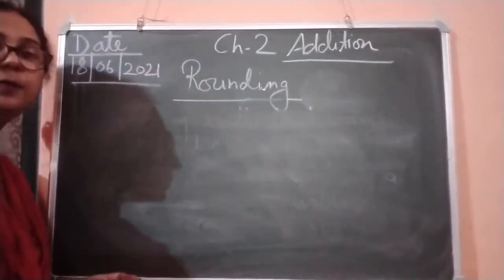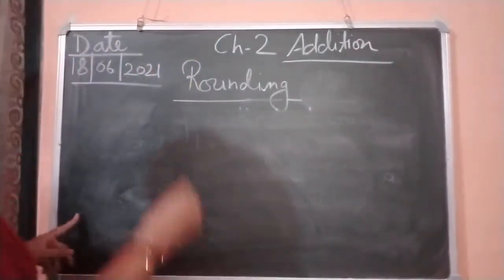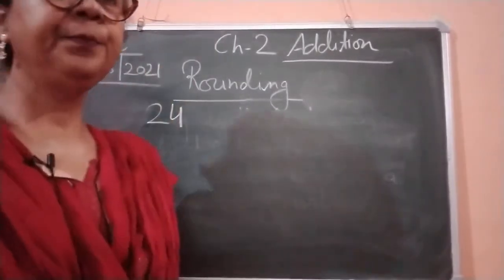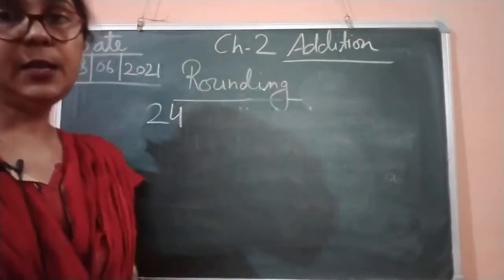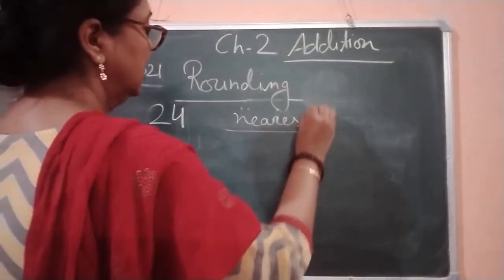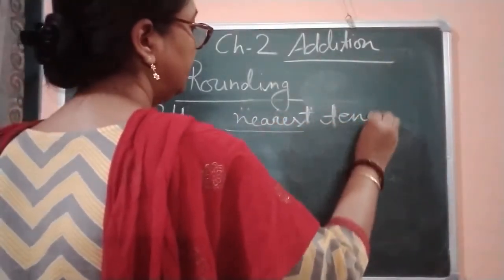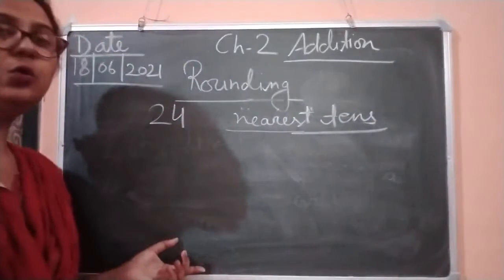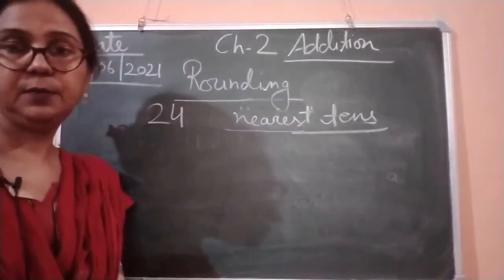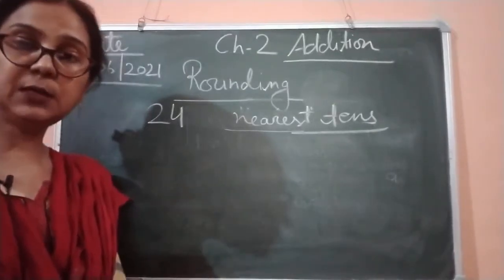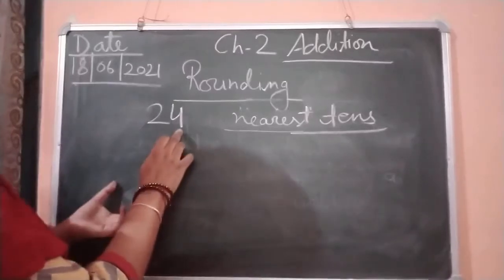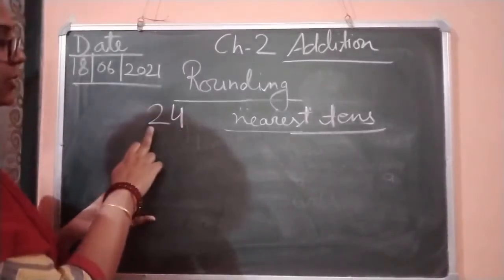Now here children, suppose the number is 24. How can we round it off to the nearest tens? Nearest tens means this is the ones place and this is the tens place.